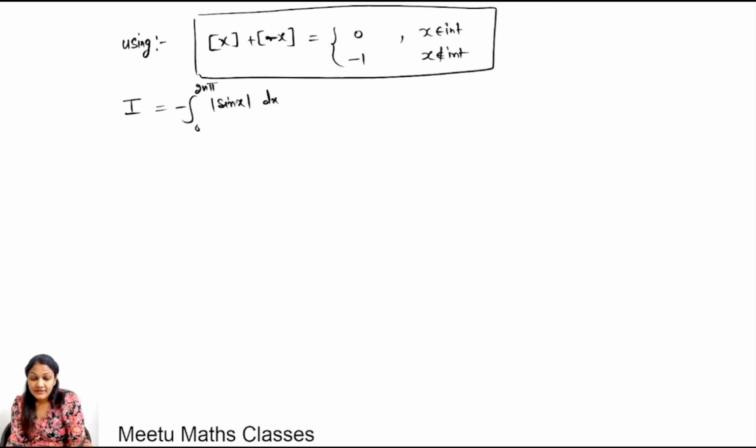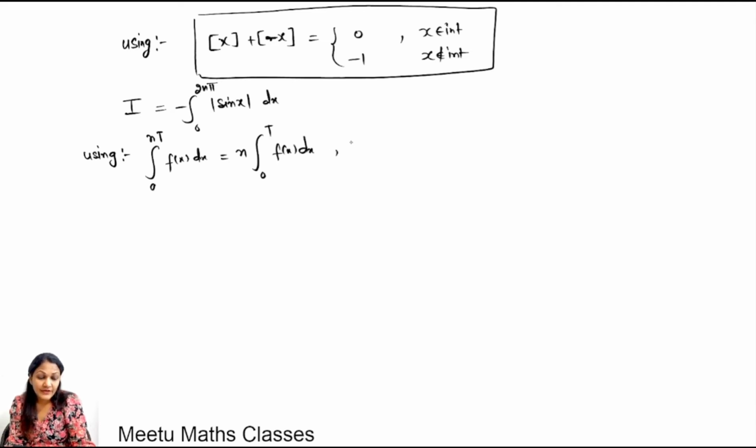Now, since modulus of sin x is a periodic function, there is another property of definite integrals for periodic functions. If you have to integrate between 0 to nT f(x) dx, if T is the period of f(x), then this is equal to n times integral 0 to T f(x) dx, where T is the period of f(x).